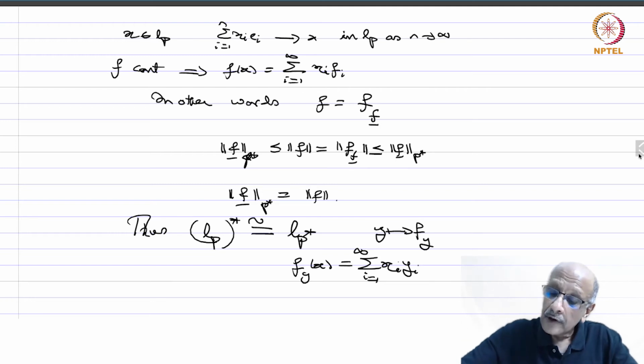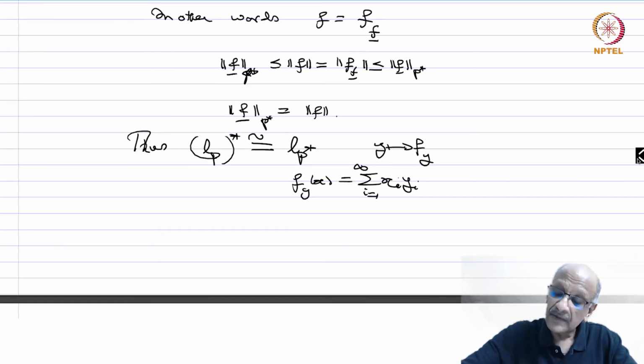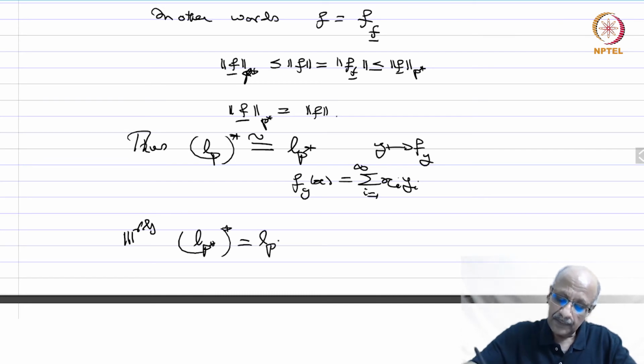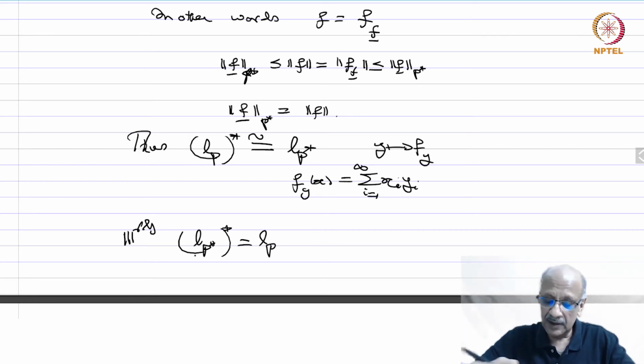So now you can do the same game with p star. Similarly, LP star dual is nothing but LP, because 1 by p plus 1 by p star equal to 1. So p is the conjugate exponent of p star, and p star is the conjugate exponent of p, and you have the same relationship as this one.